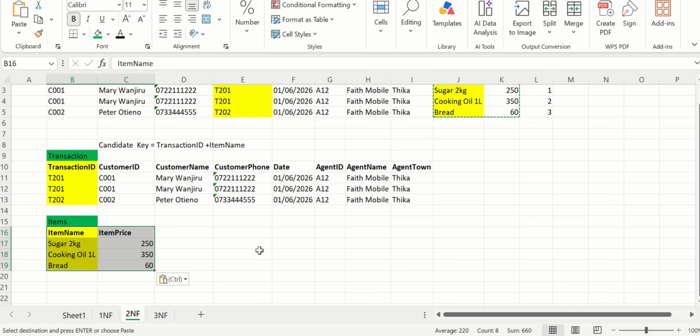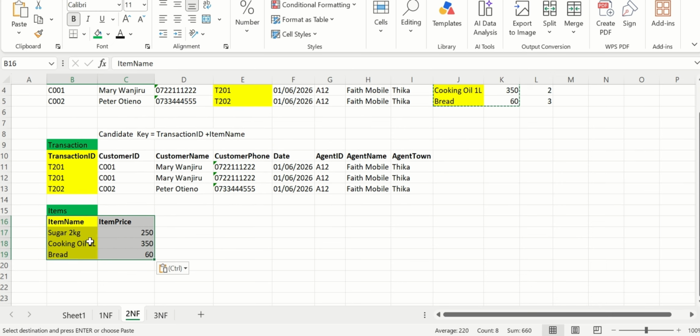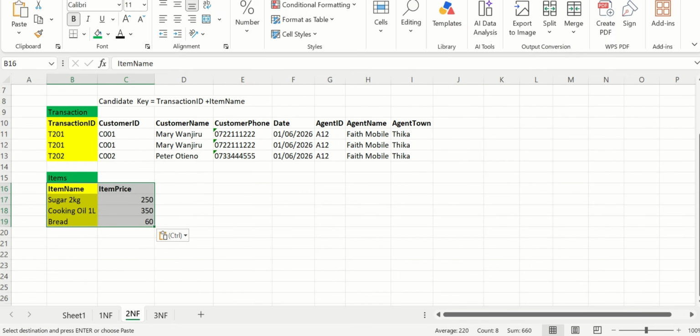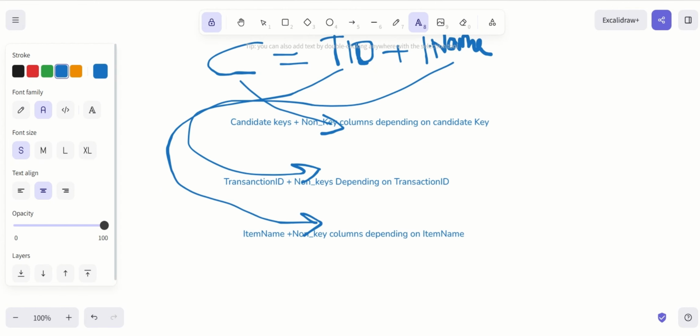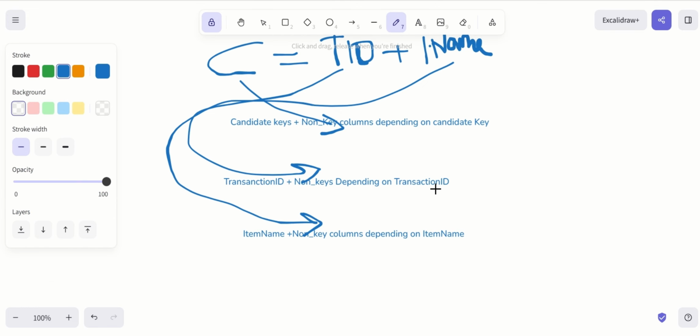So we have transaction, we have item. So we have done this and we have done this.